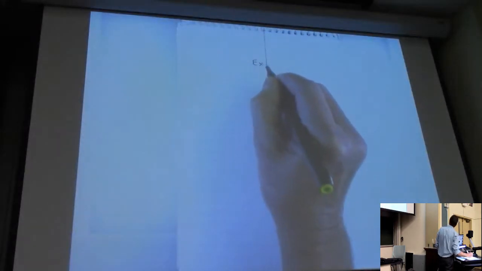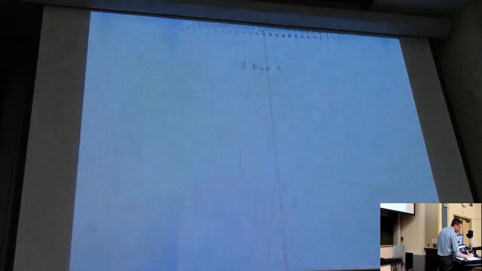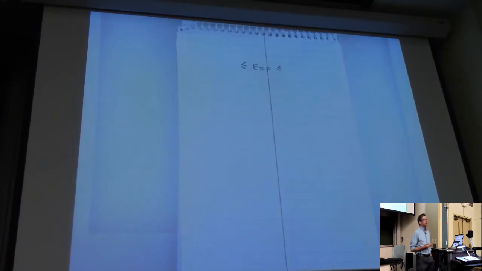So let's look at this exponent just a little bit more, because I think it can be a little confusing. So in our example, if we want to look at the range of EXP, what's the smallest value of EXP?